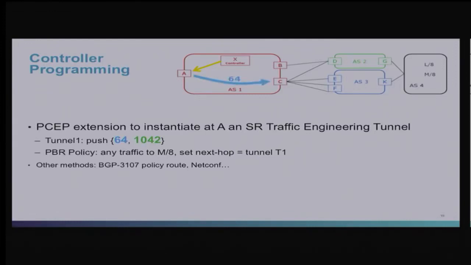And so by creating that policy, the traffic steering policy that says all the traffic from A to M/8 should go over the tunnel, when the traffic gets to A, it's routed on the tunnel, the two labels are pushed, 64 gets the traffic to C, the selected border router, the next label is 1042.